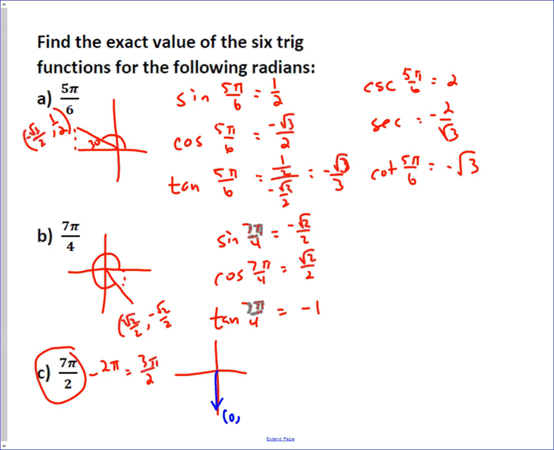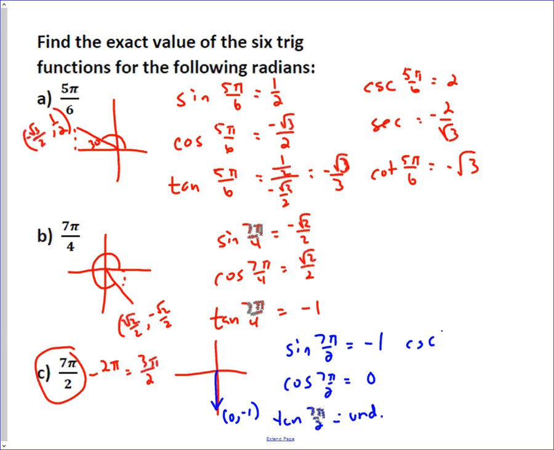So sine of 7 pi over 2 is the y value, which is negative 1. Cosine of 7 pi over 2 is the x value, which is 0. And then tangent of 7 pi over 2 is negative 1 over 0, which we say can't be done, so we call that undefined.